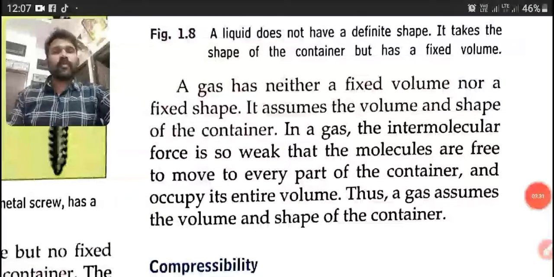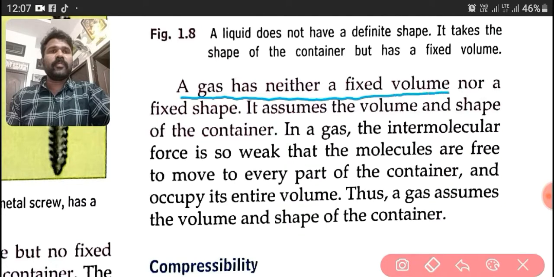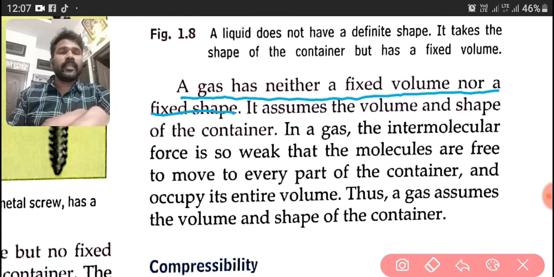Please open page number 3 and mark. A gas has neither a fixed volume nor a fixed shape.